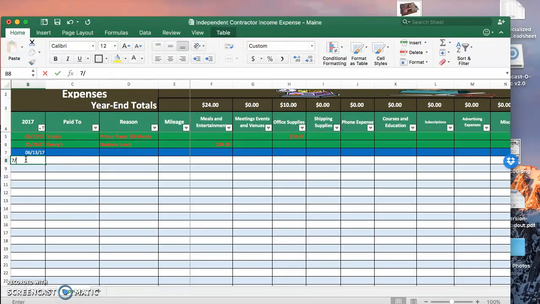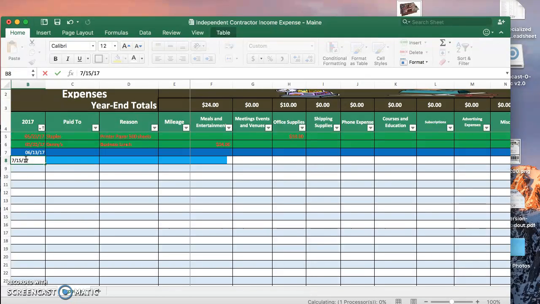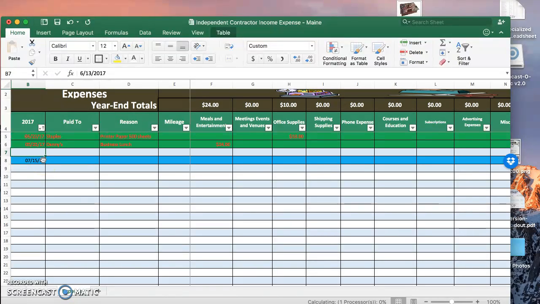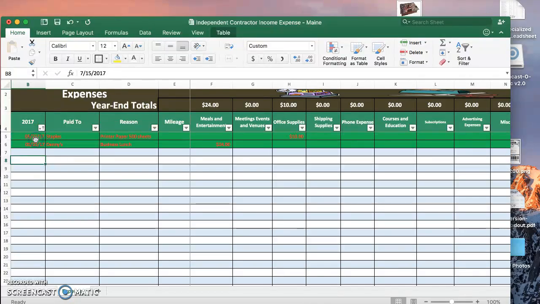If I put the month of July, basically the shade of color is going to change based on the month. And all this is so that when you're at the end of the year and you need to record and itemize your expenses, it makes it easier to separate month by month and see what goes where, right? So this is how to use the expense sheet.